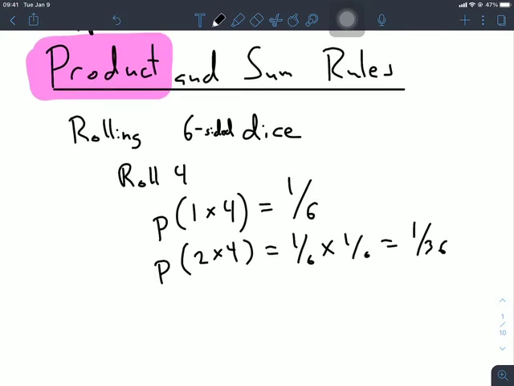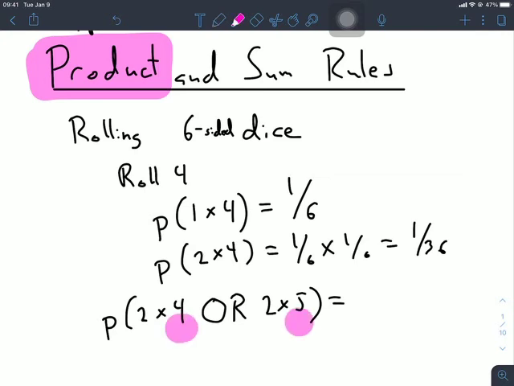Now, things change when we want to indicate the probability of rolling 2 4s, or let's say that 2 4s will suffice, or 2 5s will suffice. Now, rolling a 4 or a 5 can occur in 2 different ways.